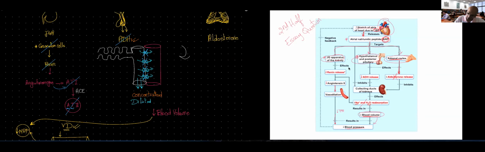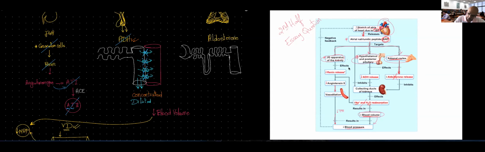If this is my nephron like this, I did have Bowman's capsule, proximal convoluted tubules, loop of Henle, and the distal convoluted tubules, and finally my collecting ducts. If you remember, the sodium gets reabsorbed normally.